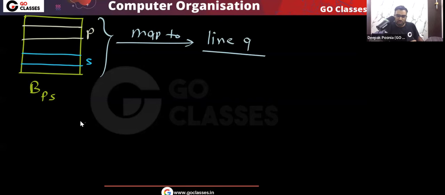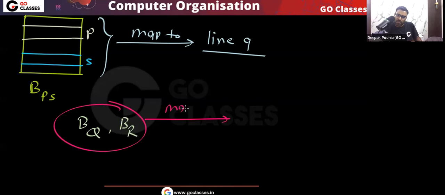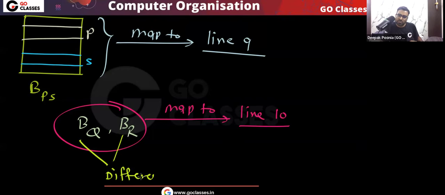And also the block containing Q and the block containing R are different blocks, but they will map to line number 10. You can see these two are different blocks. I hope this point is clear.